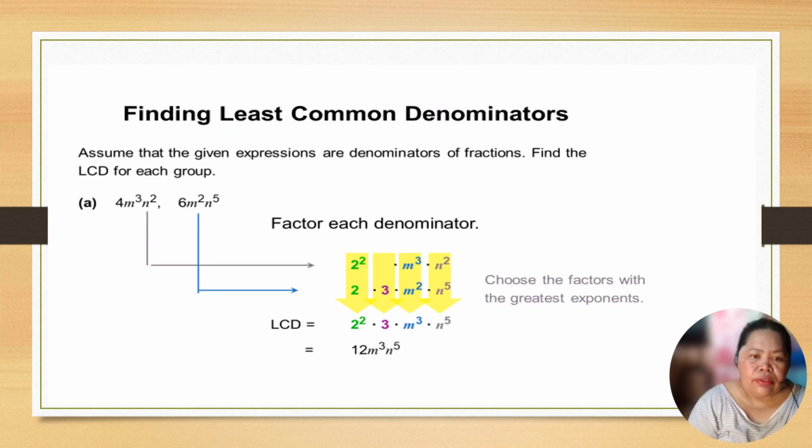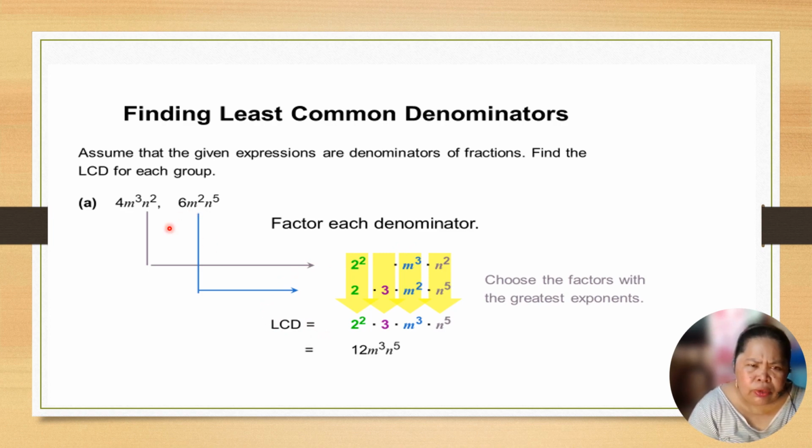Okay, let us continue. Now, finding least common denominators. Assume that the given expressions are denominators of fractions. Find the LCD for each group. For example, 4m cubed n squared and 6m squared n. Let us factor each one.